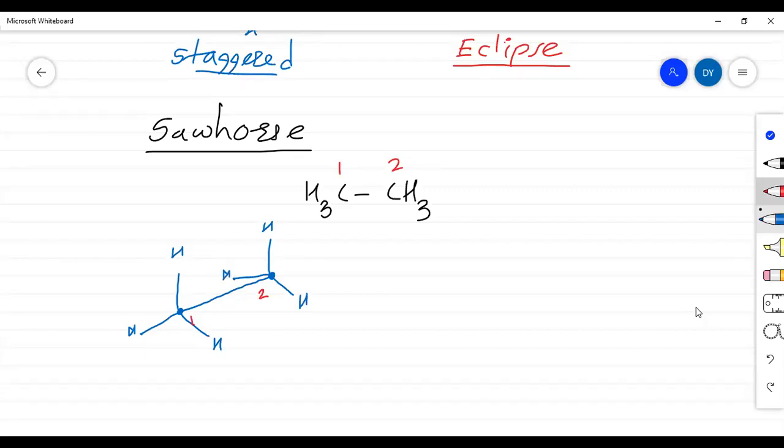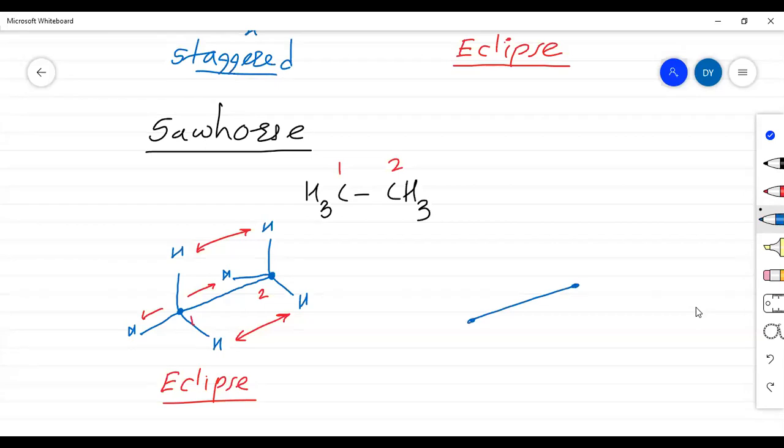Now in this case, the hydrogens hide each other, and that's why this is called eclipse conformation. We can show staggered conformation also.